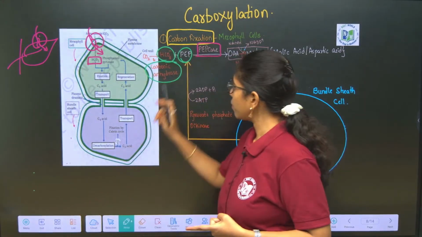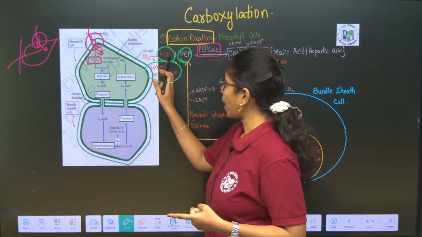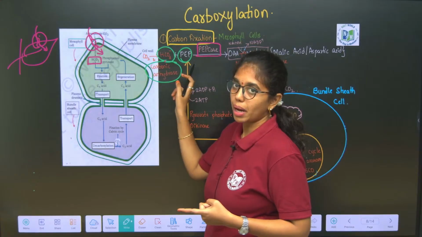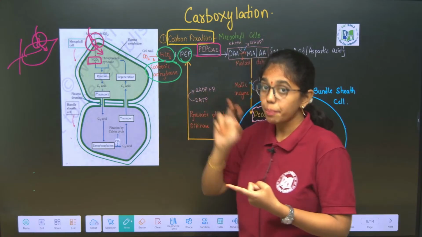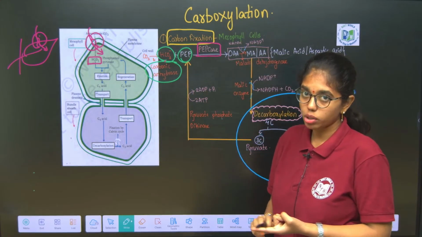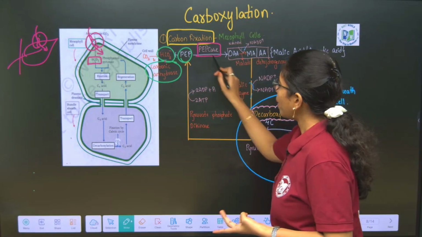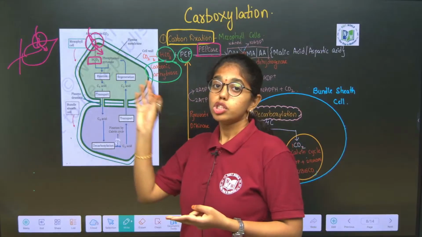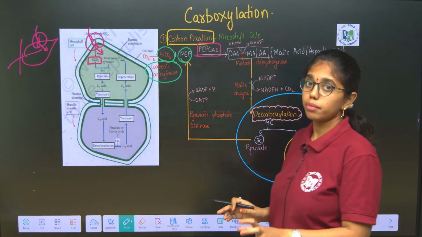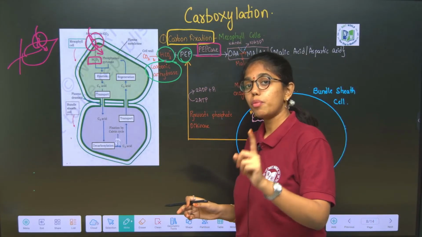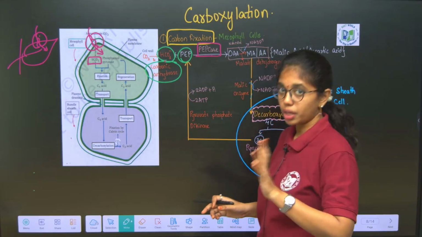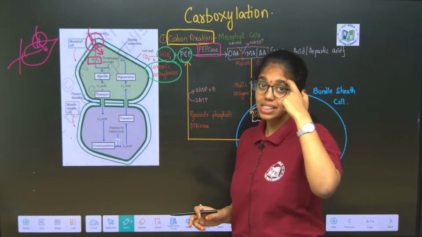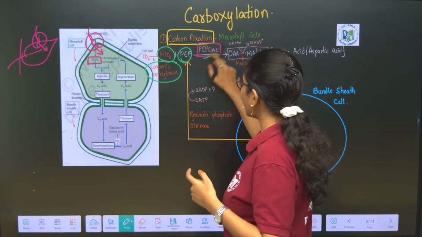The primary acceptor will be PEP. Phosphoenol pyruvate is the primary acceptor of carbon dioxide in the C4 cycle. PEPcase, phosphoenol pyruvate carboxylase, is the first enzyme to catalyze the carboxylation or carbon fixation, like how we have Rubisco in C3 plants. Here in C4 we have PEPcase.